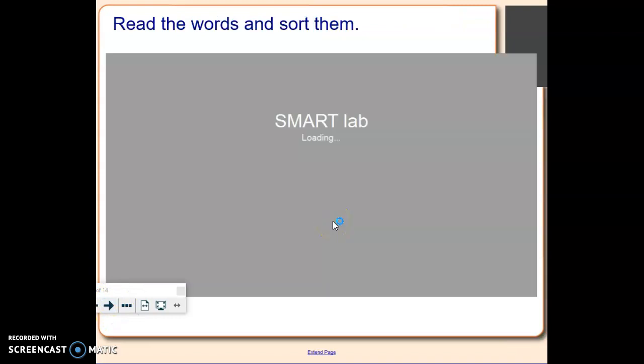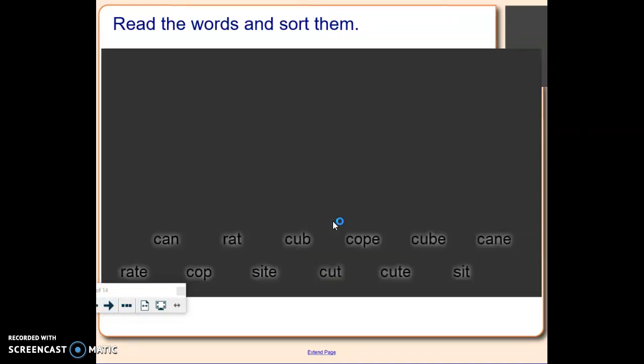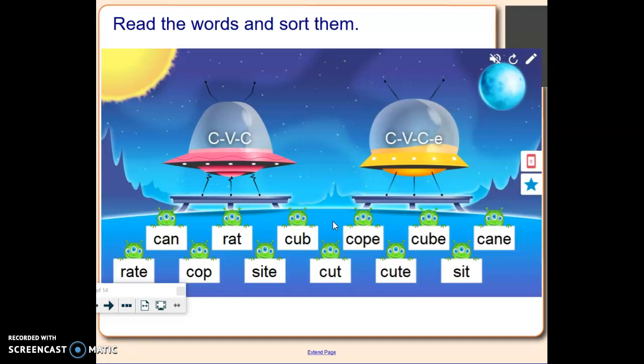All right, now we're going to try a sorting game. We have to decide if it's a regular CVC word or if it has magic E at the end. So really all we're trying to find is a word that does not have magic E and a word that does have magic E. So let's take a look at the word. Can.